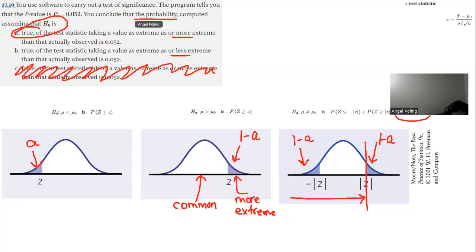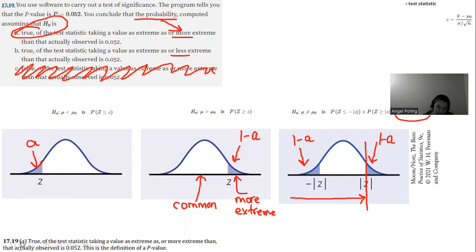So it's the first choice because we assume the null hypothesis is true, and p-value is the probability that we will take on values more extreme than the one observed. Okay, so the book says A, true.